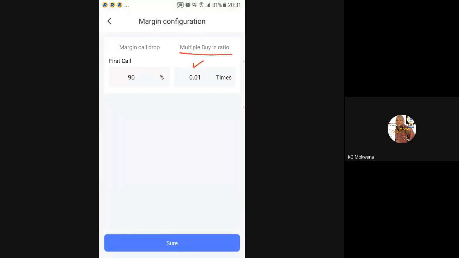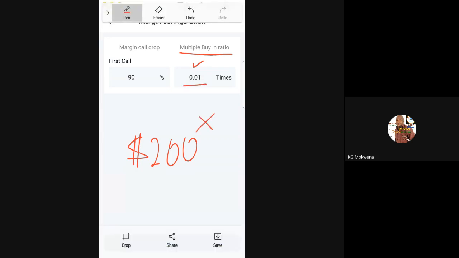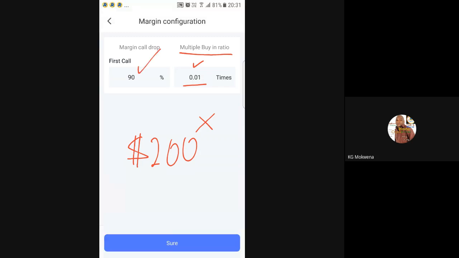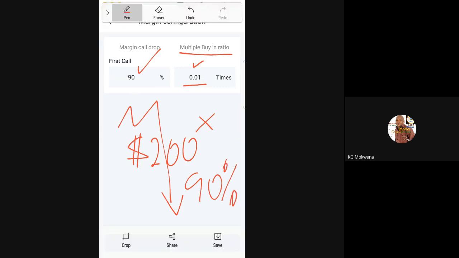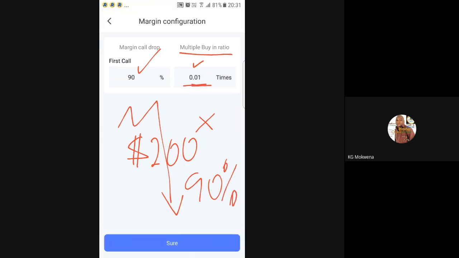It means that first buy-in amount of 200 US dollars multiplied by 0.01 times. And this will happen after the market has fallen by 90%. After the market has fallen by 90%, will the bot then be in a position to place this?